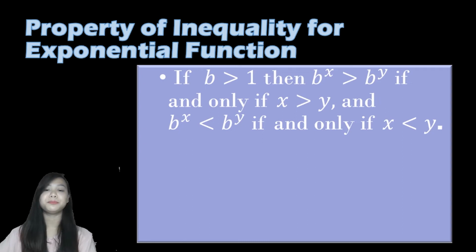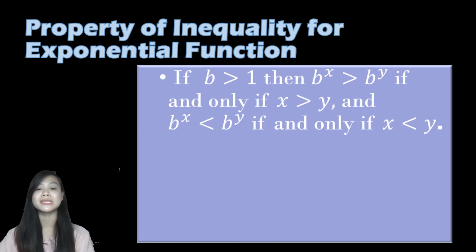First, if the base, denoted as b, is greater than 1, then b raised to x is greater than b raised to y if and only if the exponent x is greater than y, and b raised to x is less than b raised to y if and only if x is less than y. That is the first property.